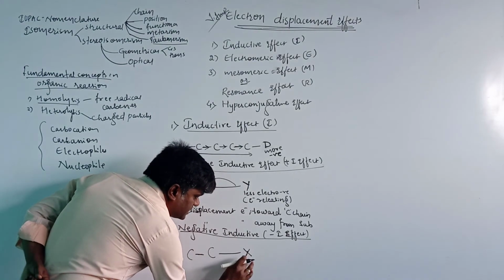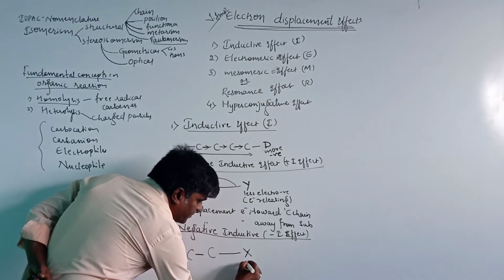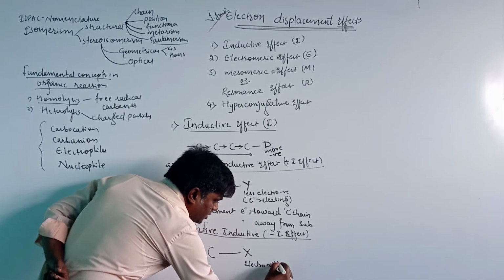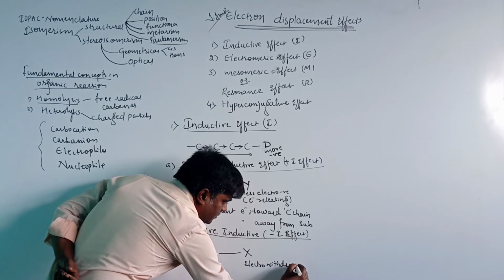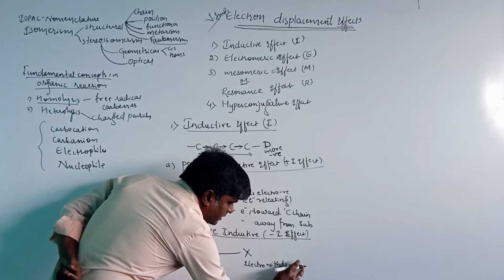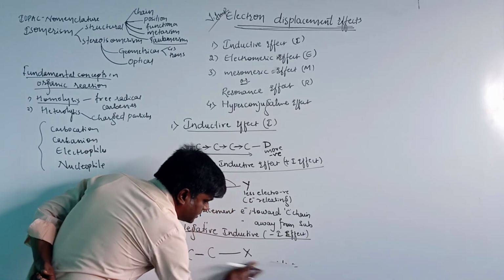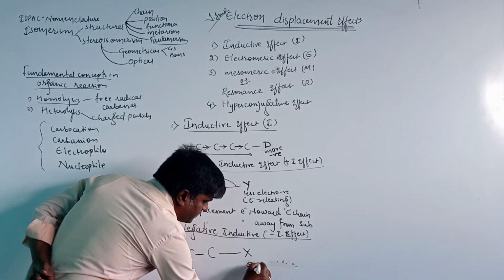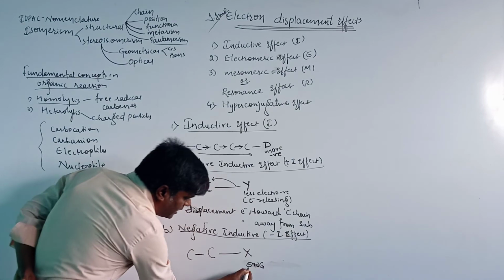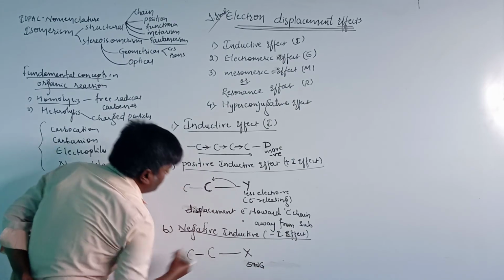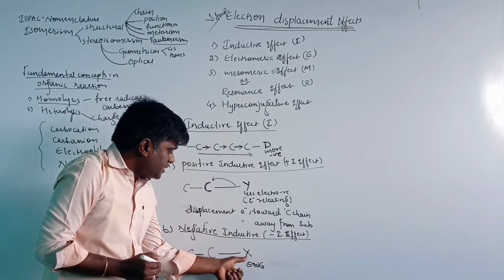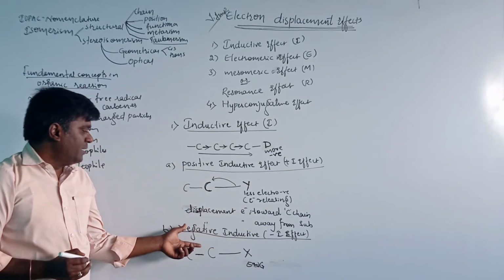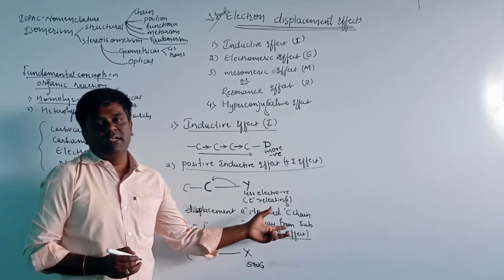Here X is the electron withdrawing group. When the electron withdrawing group is attached to the carbon chain, then the negative inductive effect will take place.